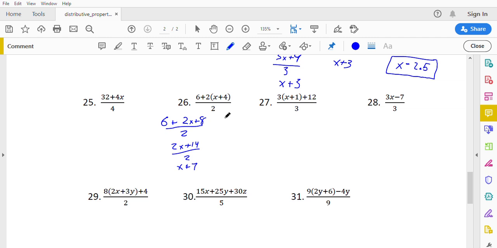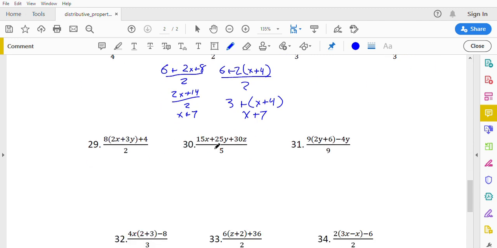Okay, if you wanted to, again, if you are comfortable, 6 divided by 2 is 3. 2 divided by 2 is 1, so this becomes x plus 4. 3 plus 4 is going to be 7. Okay, so again, like I said, if you're good here, keep it this way. If you're good here, do it this way.